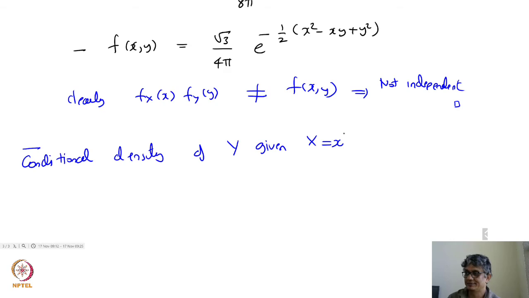So what's it going to be now? We know that f sub Y given X equal to x at the point y is going to be, given x equal to x.